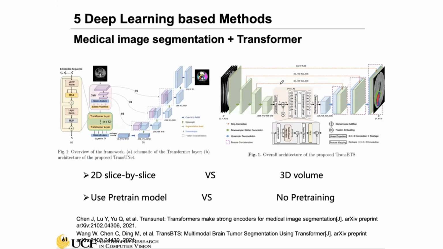But in their approach, they didn't use any pre-trained weights. Basically they just train from scratch on the dataset at hand, maybe just the BraTS dataset. So these are the two basic differences between these two works.